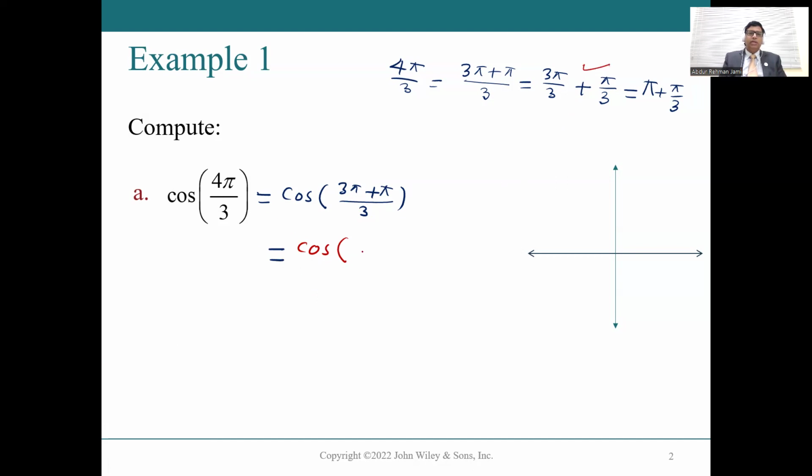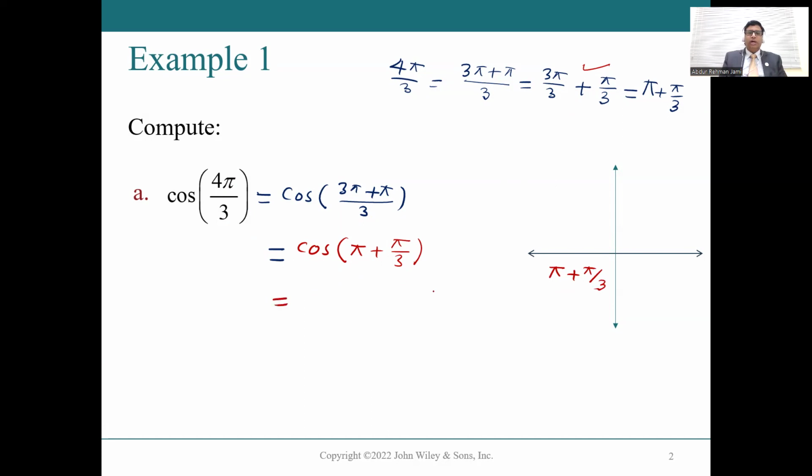So this will be pi plus pi over 3. So we have converted the given angle 4 pi over 3 into the form of pi plus pi over 3. According to the rule, this pi plus pi over 3 will be in quadrant number 3 because this is more than pi.